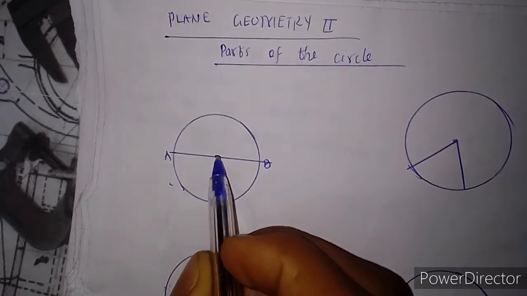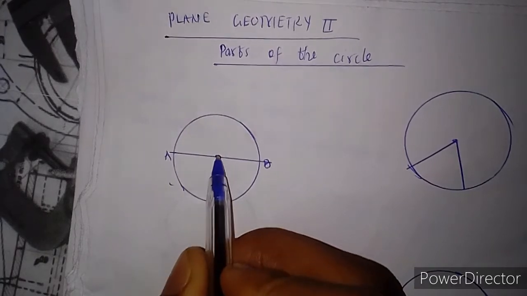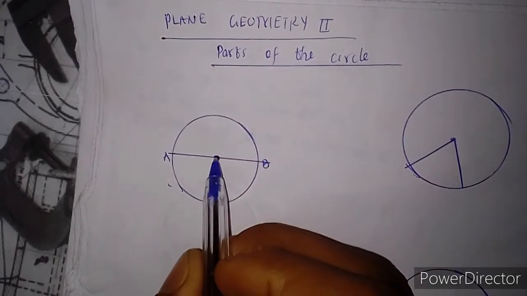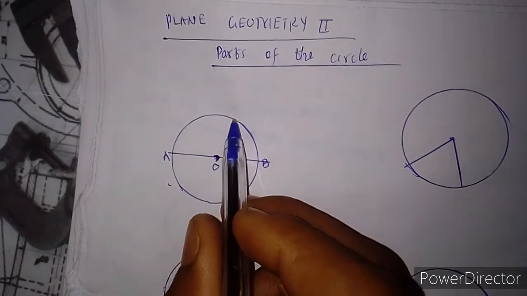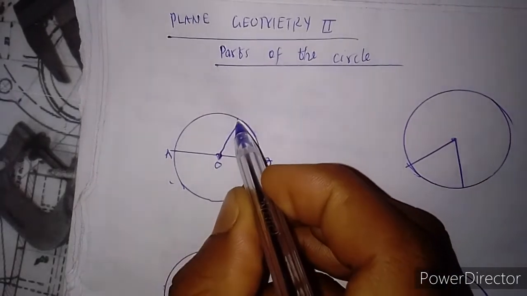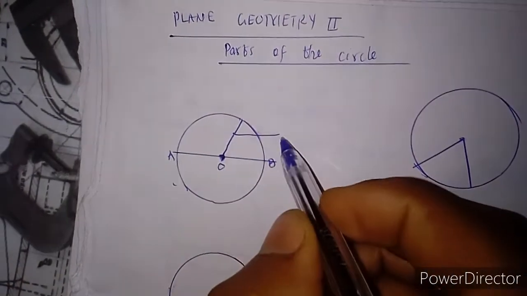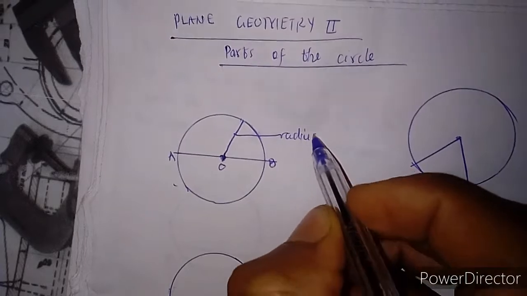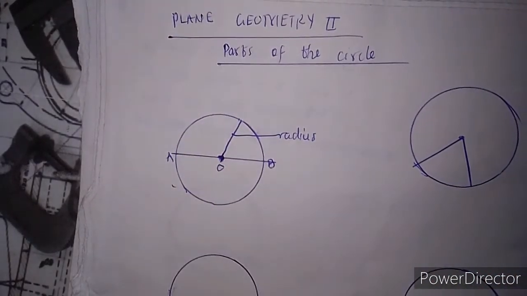This is the center O, and any distance from the center to any part of the circle is equal. So the distance from here to here is equal, from here to here is equal. You understand? We call that distance the radius. That is the equal distance that separates the fixed point from the set of points.